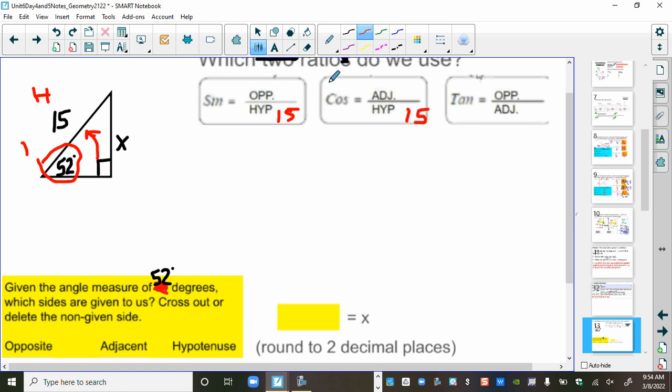Is it adjacent or opposite side? It's going to be the opposite, because here's the 52, right? The X is opposite. So is it opposite? Okay, yeah, that's going to be opposite. So you have the opposite.